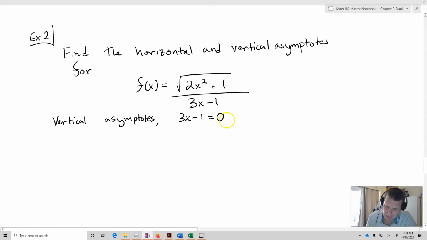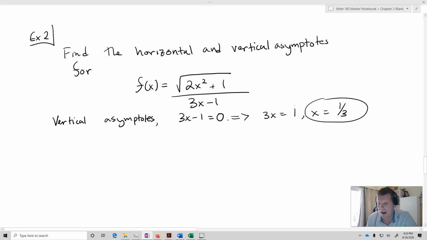So 3x equals 1, and so x equals 1/3 ends up being our vertical asymptote. Wherever the denominator equals 0, generally that's going to be a vertical asymptote unless it's removable, which we already did inside of continuity. Just remember.